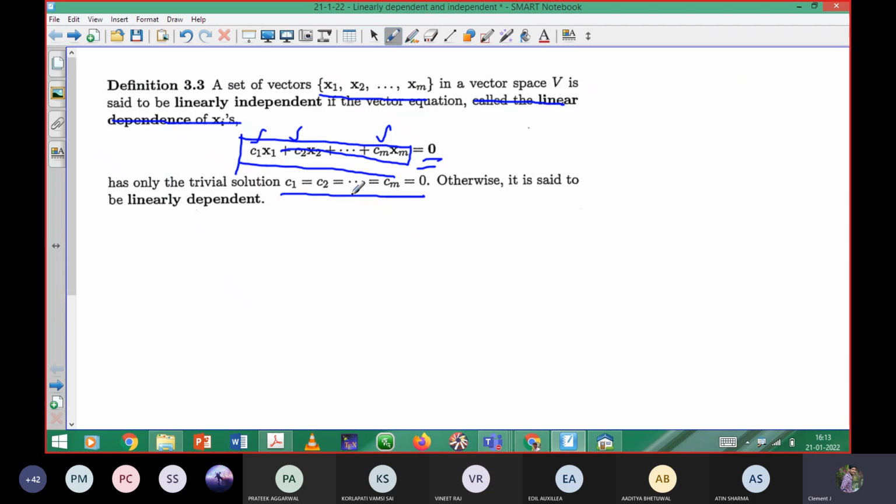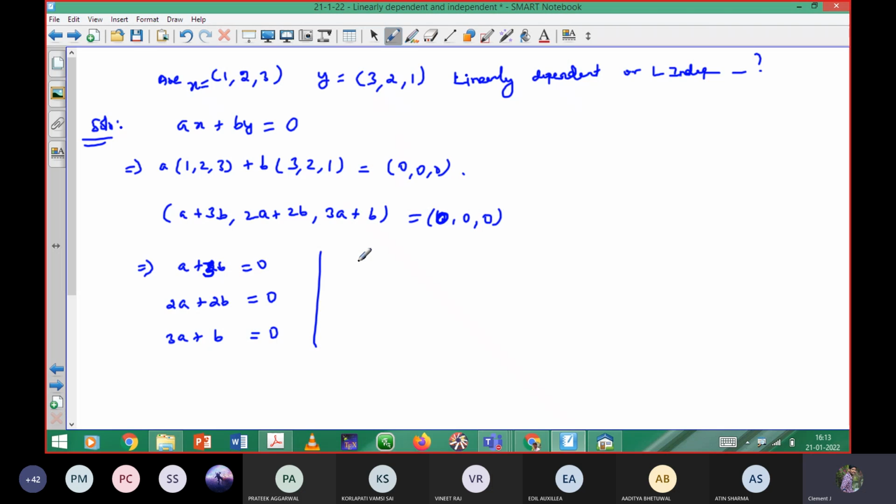Anyway, we have to check this condition. How can it be checked? You can easily follow the pattern: write it in a matrix format, the coefficients of a, that is 1, next 3, and the last one you write in the augmented format.